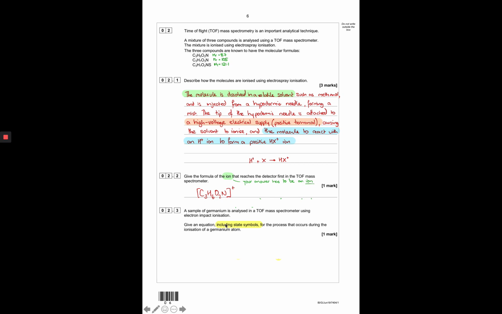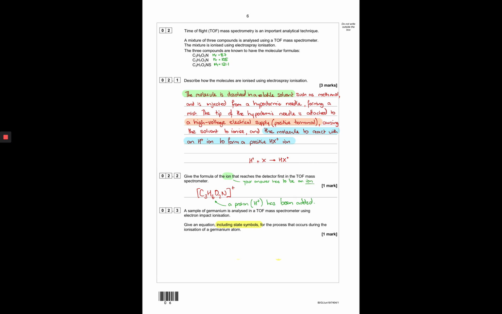This was relatively straightforward. You had to do a first ionization equation for germanium. So you had to make sure you used the right symbol for germanium, and they did spell out, including state symbols, and there is always the odd person who forgets to do that. That's where the proton has been added.